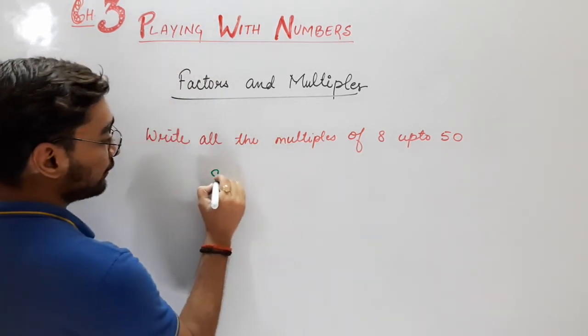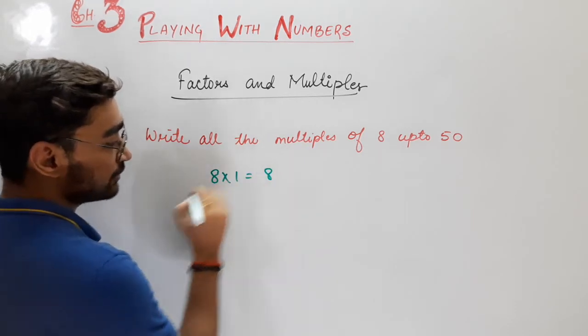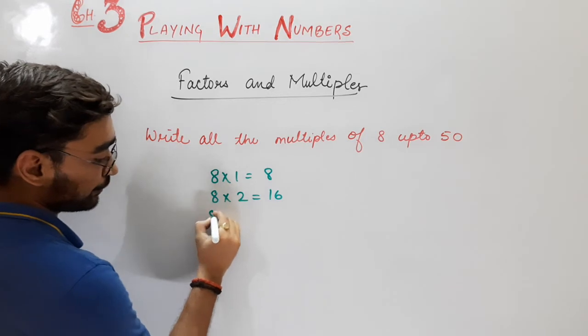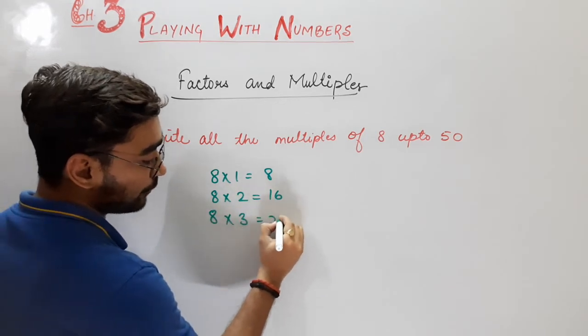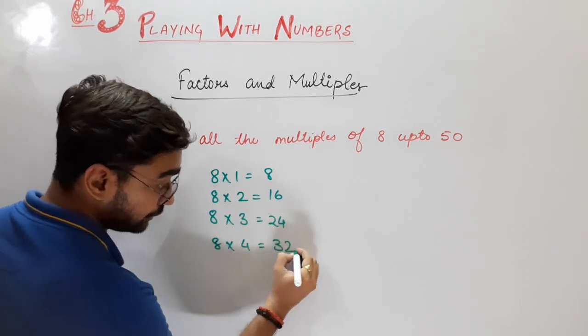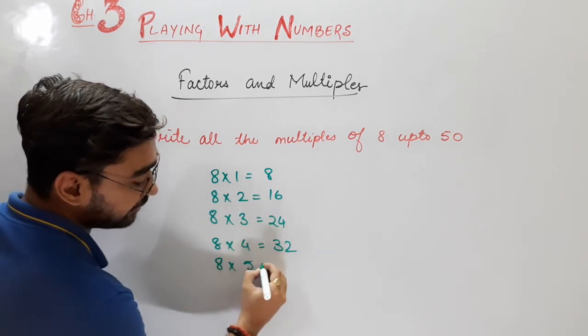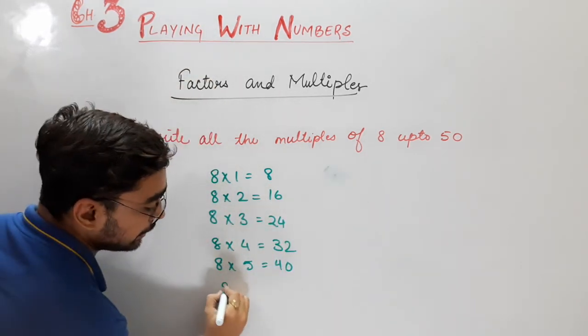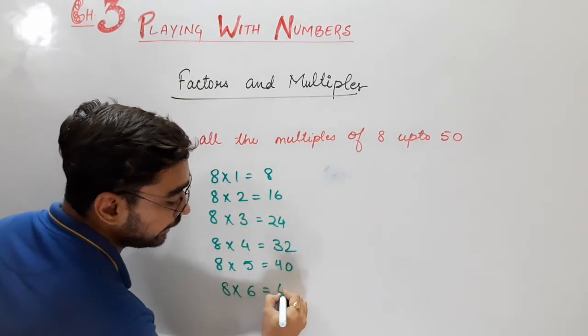I am writing the first multiple: 8 ones are 8, 8 twos are 16, 8 threes are 24, 8 fours are 32, 8 fives are 40, 8 sixes are 48.